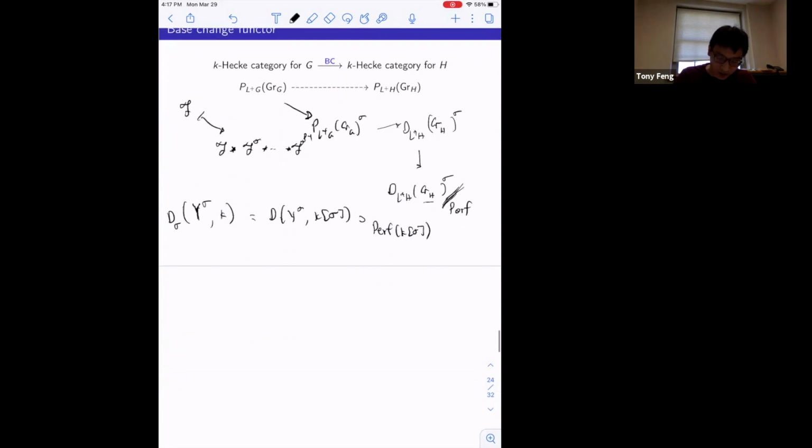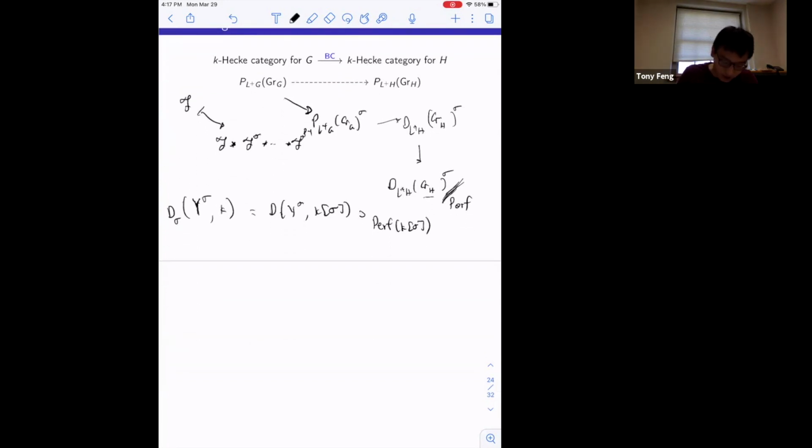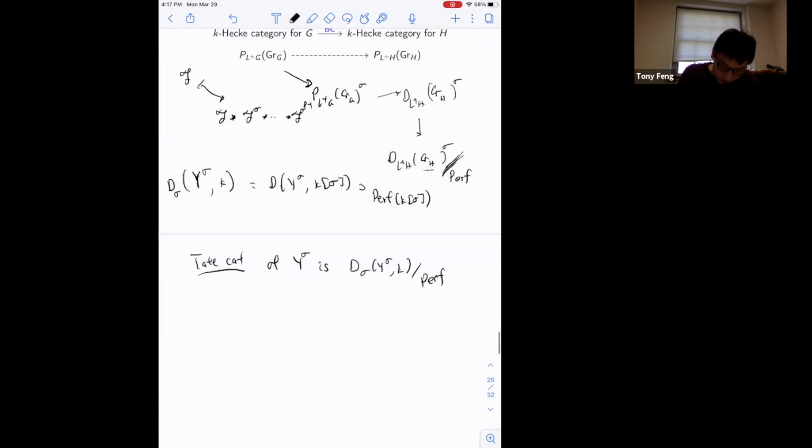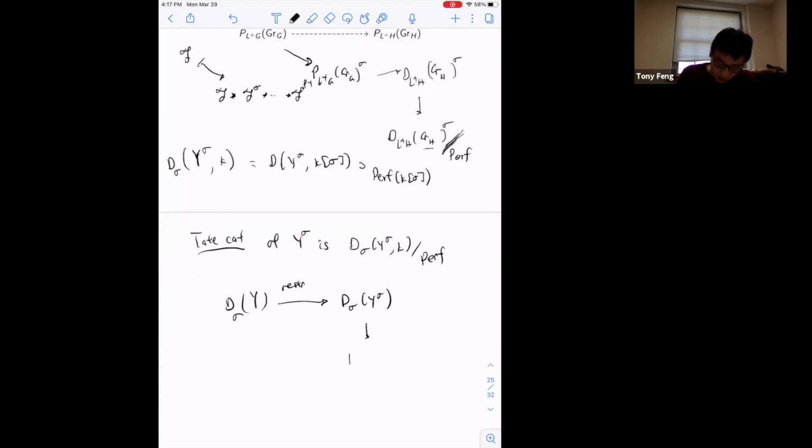So in fact, maybe I keep talking in this general context. The Tate category of Y, or maybe I should call it Y sigma, is the equivariant category modulo the perfect complexes. And this functor, which takes an equivariant complex on Y, restricts it to the fixed points of Y, and then quotients out by the perfect complexes, is a functor.